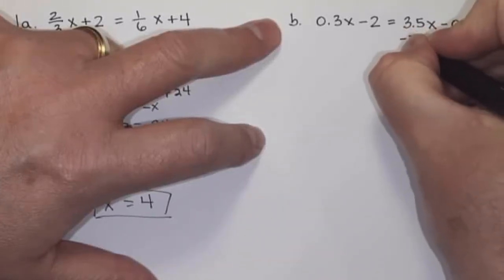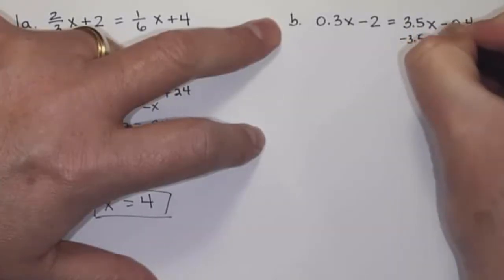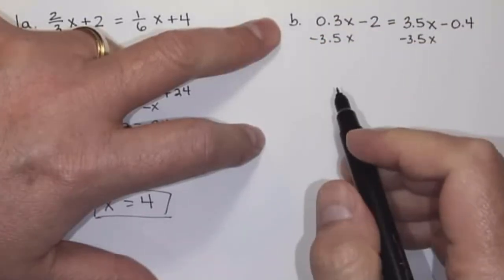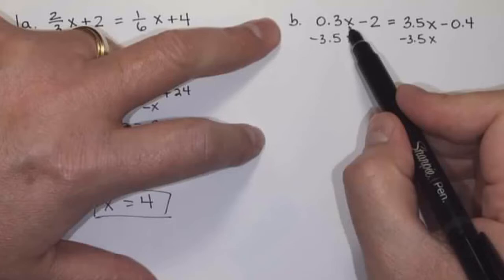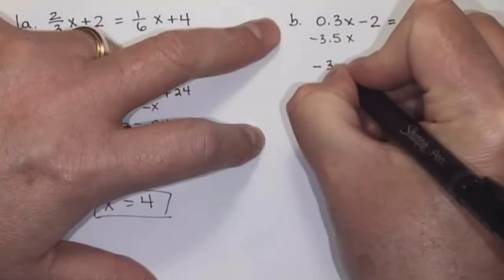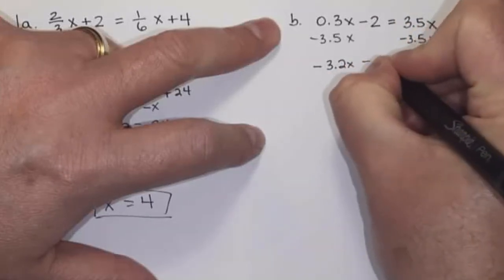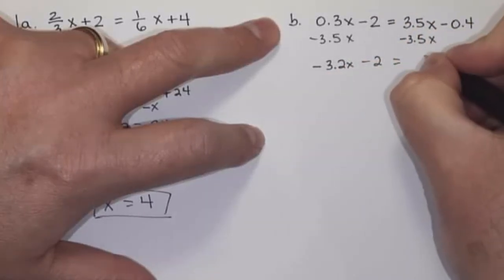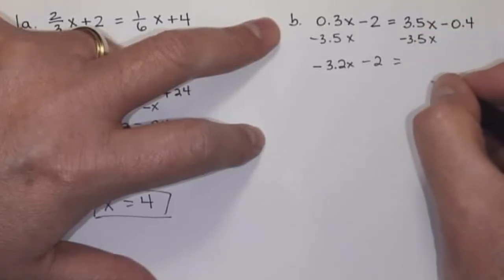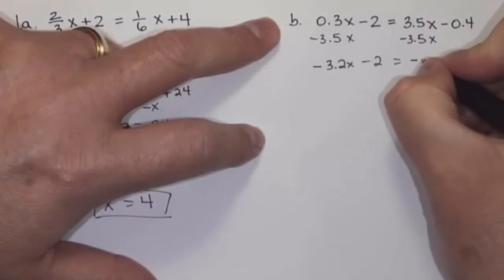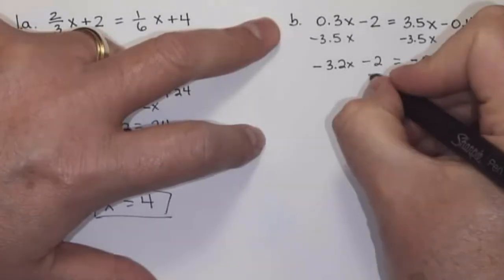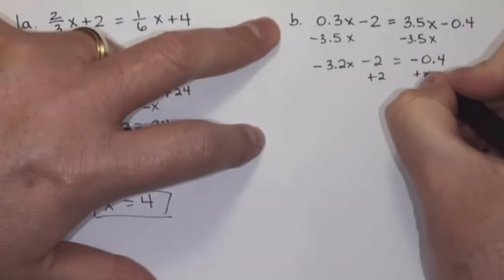I'm going to subtract 3.5x from both sides of the equation. 0.3x minus 3.5x will be negative 3.2x, so we have that minus 2 equals... the 3.5x minus 3.5x goes away on the right-hand side, so that equals negative 0.4. I'm going to add 2 to both sides.